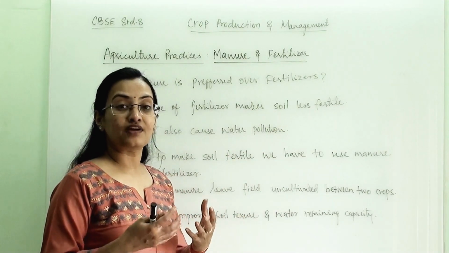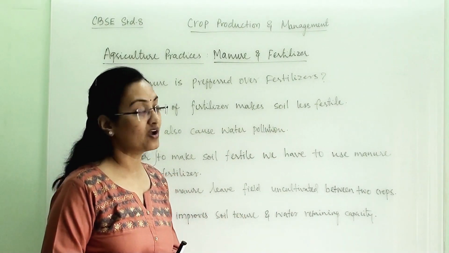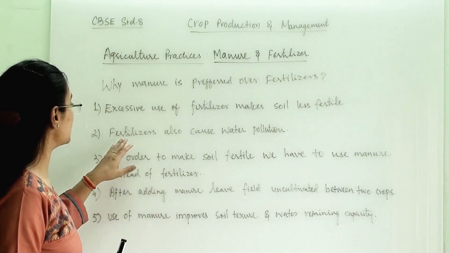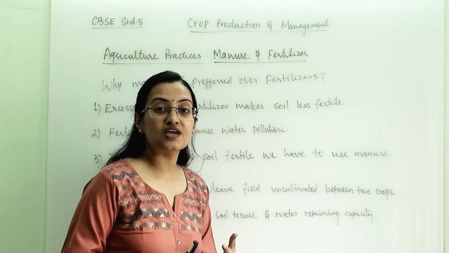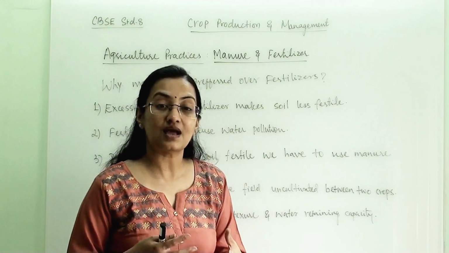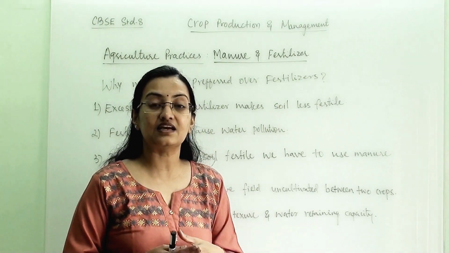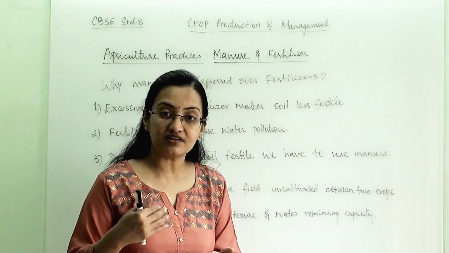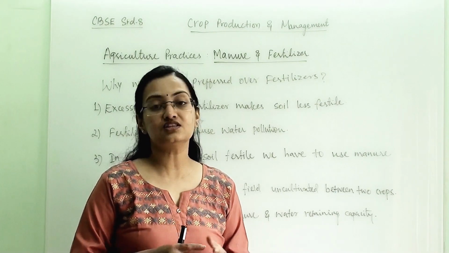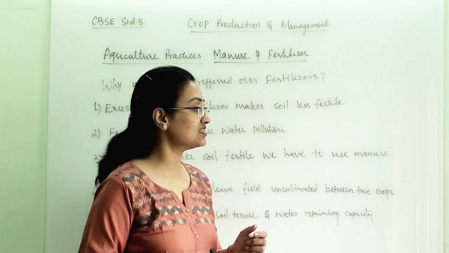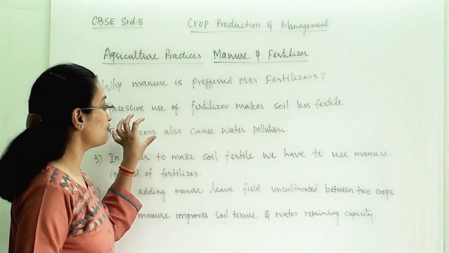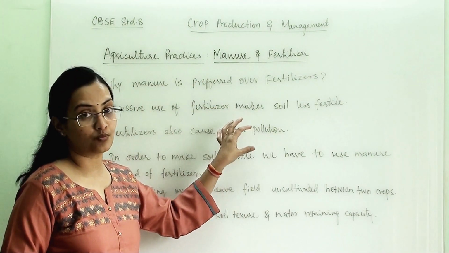Continuous use of chemical compounds will make soil less fertile. Second, fertilizers also cause water pollution. When we continuously use this chemical substance, eventually along with the rainwater it will go to the reservoir and mix with its water, and this is why fertilizer causes water pollution.